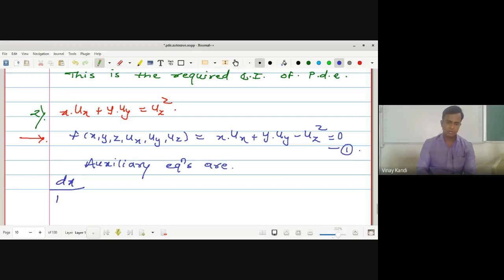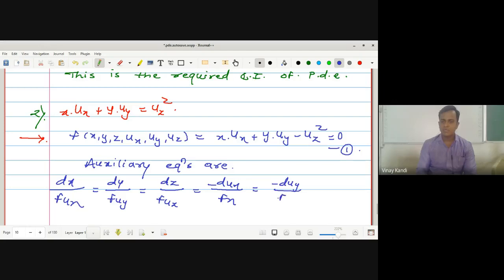dx upon fux is equal to dy upon fuy is equal to dz upon fuz, which is equal to minus dux upon fx is equal to minus duy upon fy, which is equal to minus duz upon fz.